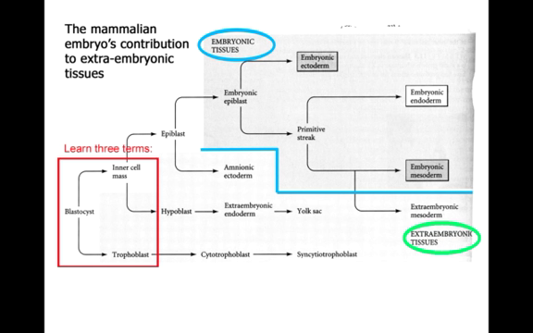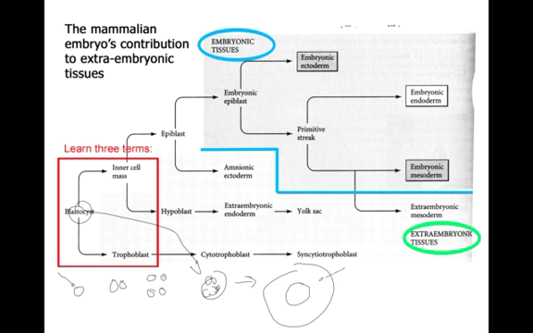And we'll see that the blastocyst gets organized into an outer layer of cells called the trophoblast, and an inner layer of cells called the inner cell mass. It's a timeline. Here's mammalian fertilization, and then we're going to have a 2-cell, 4-cell embryo, and it's going to make a solid ball of cells called the blastocyst, and then that solid ball of cells is going to become organized into an outer trophoblast and an inner cell mass.